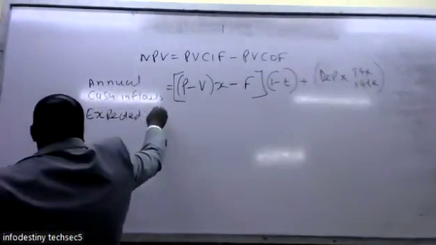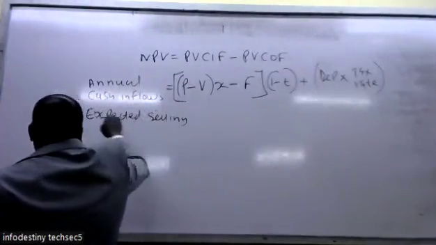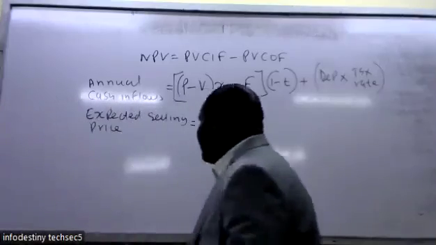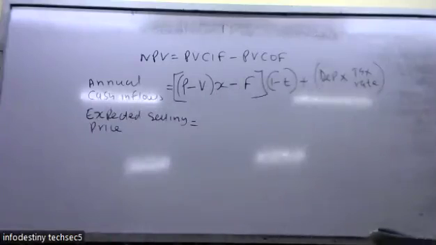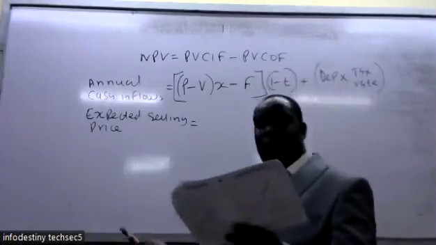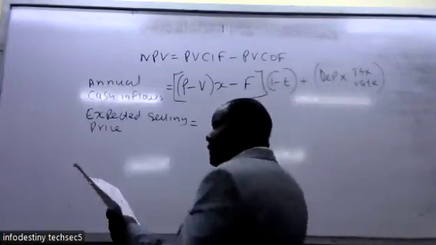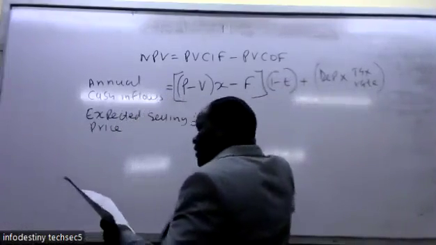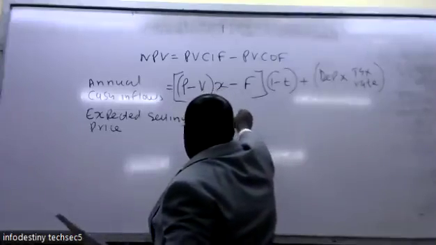One of the items is to calculate the expected selling price. To get it, we are not subjecting it to simulation. We just take each price, multiply by the probability, then add them together. The first one is 25 shillings, probability of it occurring is 0.3.